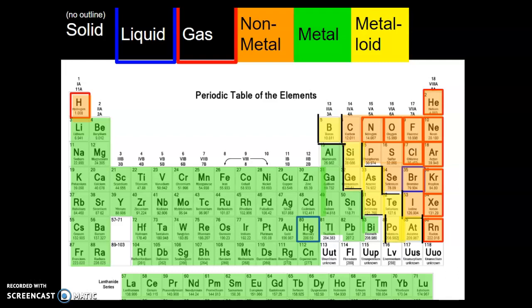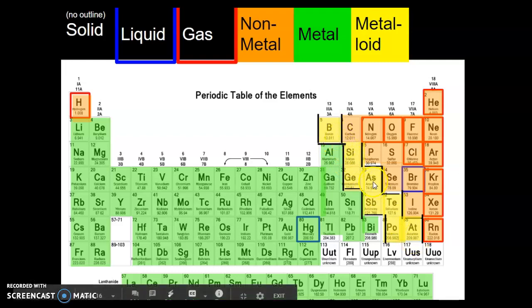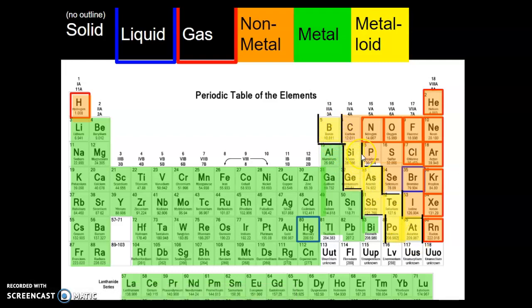So this is what I have done with coloring. I have been mentioning something about the staircase, so you have to be able to identify this staircase. Anything that is lying within this staircase is metalloids, to the right of it are non-metals, and to the left of the staircase are metals.